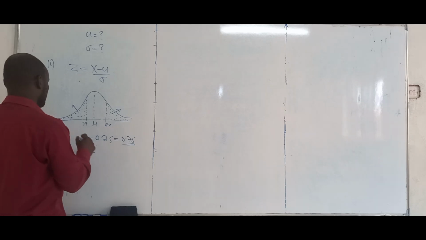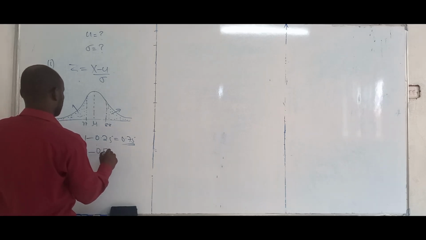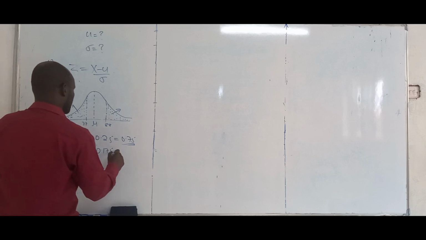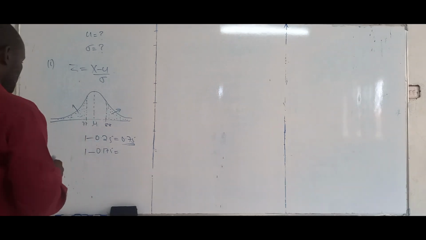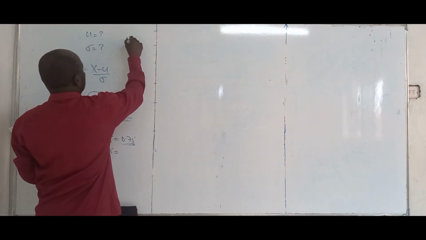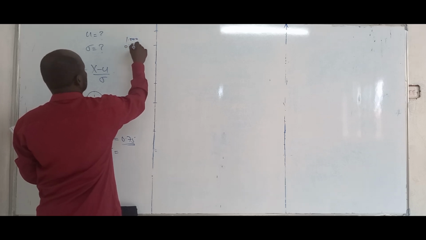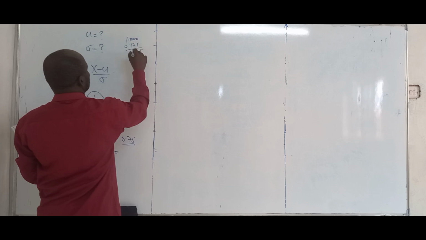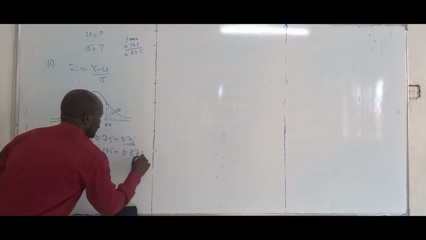In that case, we subtract 0.175 from 1.000, which gives 0.825.